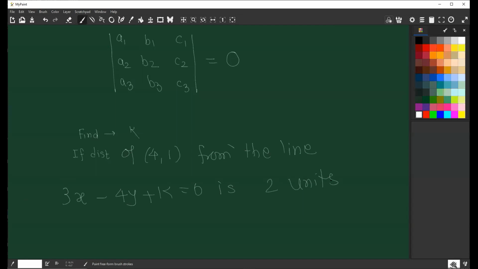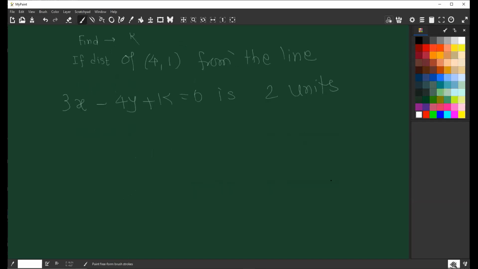Go ahead. I can draw the figure. This is 3x minus 4y plus k is equal to 0. ये है (4, 1) and इसका perpendicular distance है 2 units.